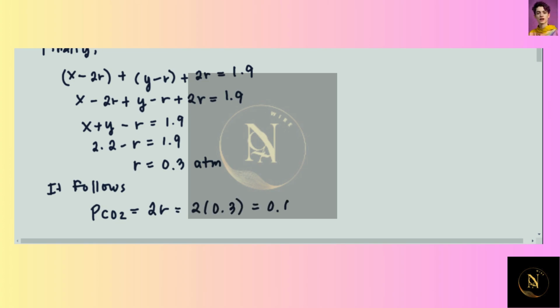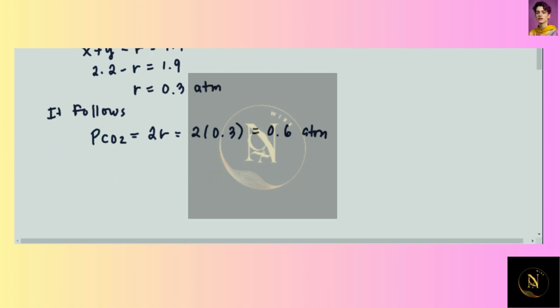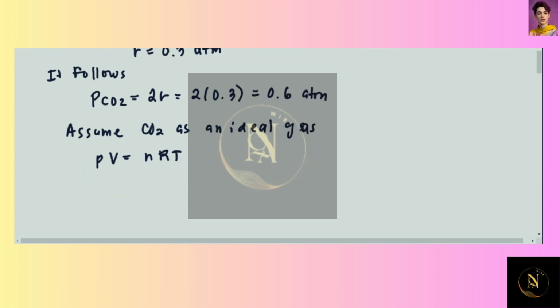This is the partial pressure of carbon dioxide at the end of a certain time of reaction. So assume that carbon dioxide is an ideal gas. So we can use the ideal gas equation to solve for its moles. So we have PV equals nRT, where P is the partial pressure, which is equal to 0.6 atm.